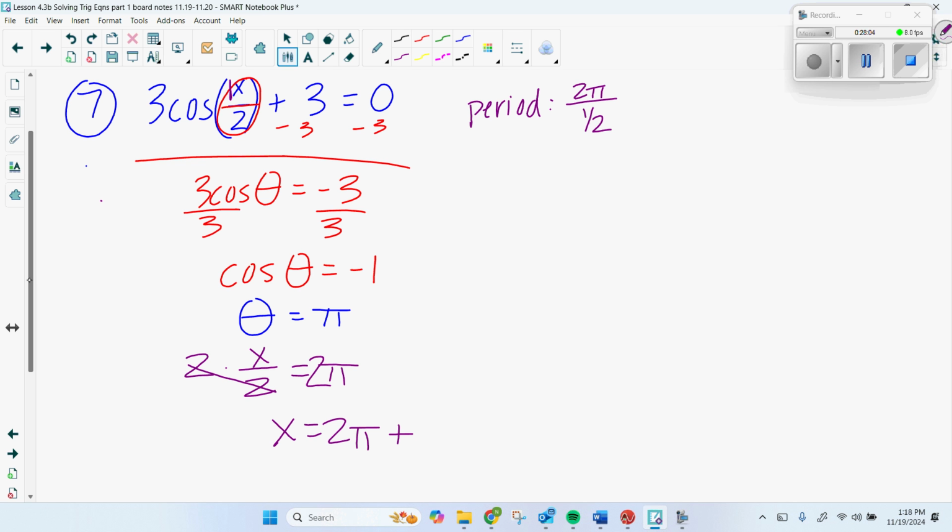Also, you can think about it as whatever you have to do here, you're also going to have to do to the period, you know? So what am I going to add instead of 2 pi n? Yeah, 4 pi n. Because that's what the new period is going to be. Beautiful.